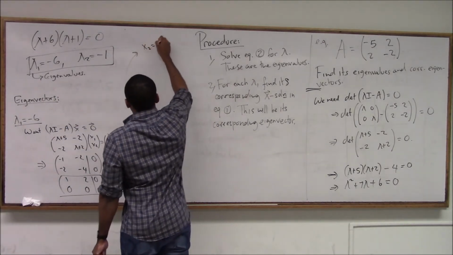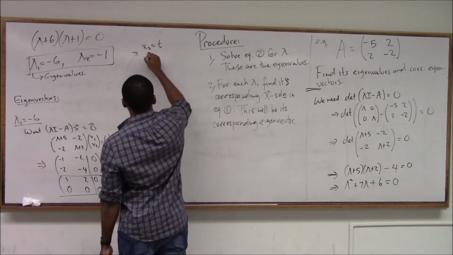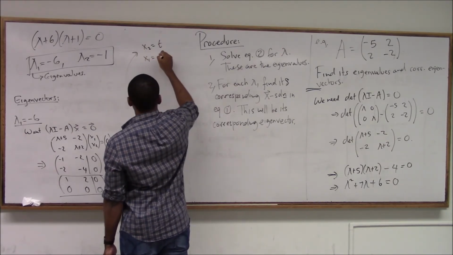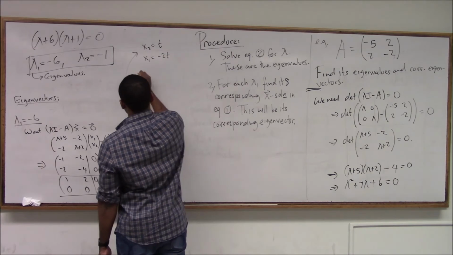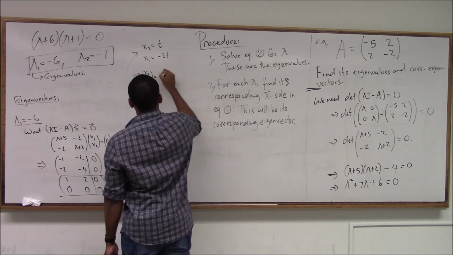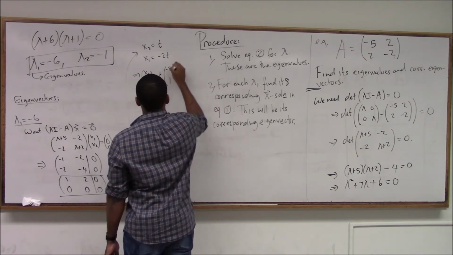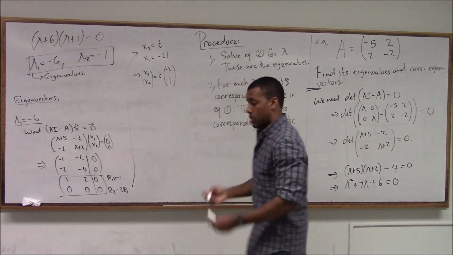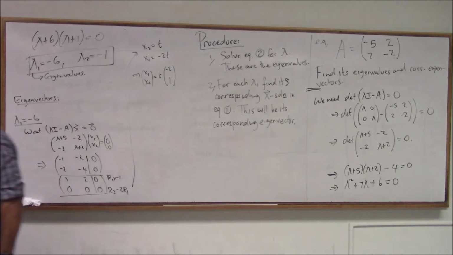So that means my x2 is going to be t, and I know that my x1 would be minus 2t. So in other words, my x1, x2 is going to be minus 2, 1. See that vector here?